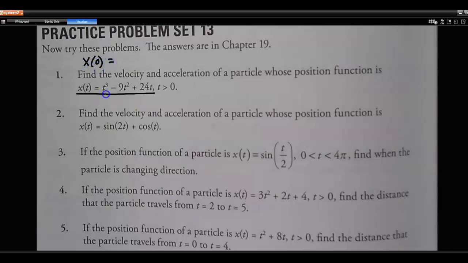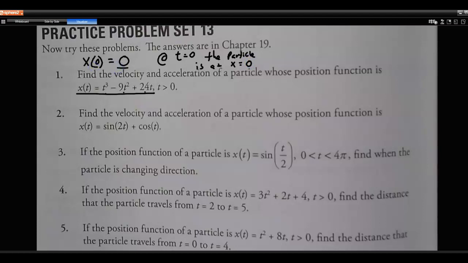If you plug in 0, you're going to get 0. And so what that means is that at t equals 0 seconds, my object is located at, or I could say the particle is at x equals 0. When I plug in 0, I get 0.